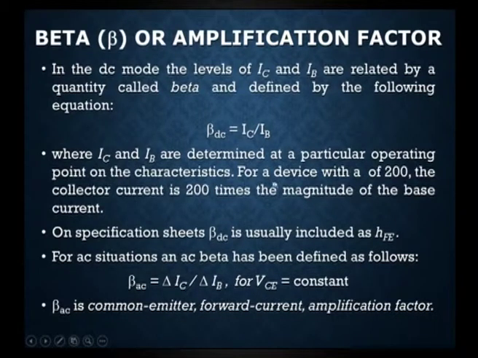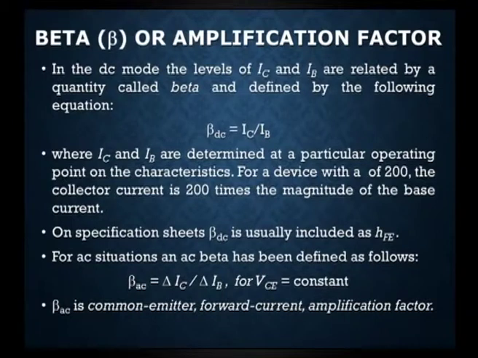For a device with a beta value of 200, the collector current is 200 times the magnitude of the base current. So that is exactly what the beta value means: the collector current is always 200 times the base current.